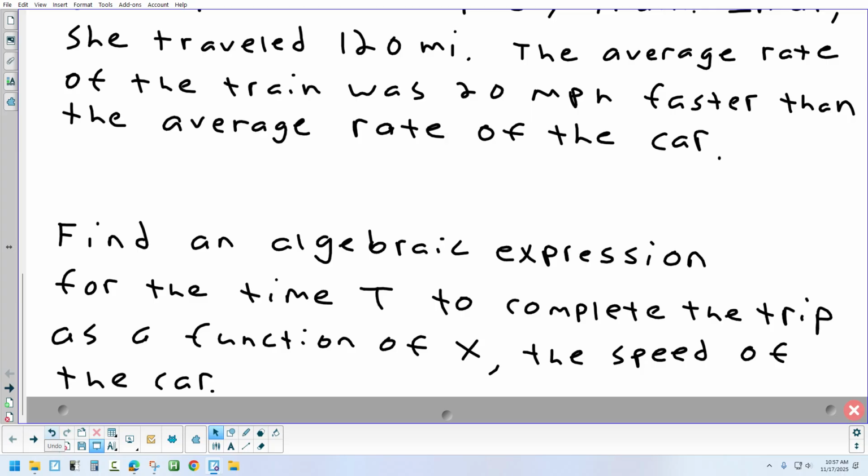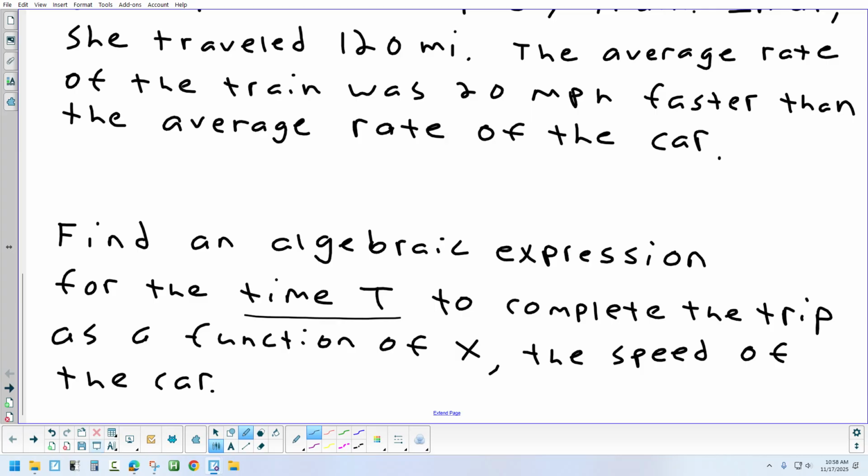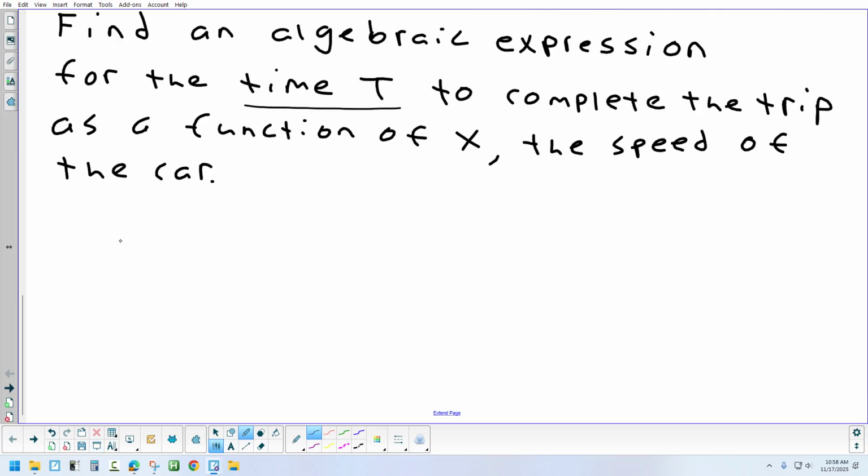So we're trying to find the total time. How many modes of transportation is she using? Yep. Car and train. So the total time that it's going to take is going to be equal to the time she spends in the car.